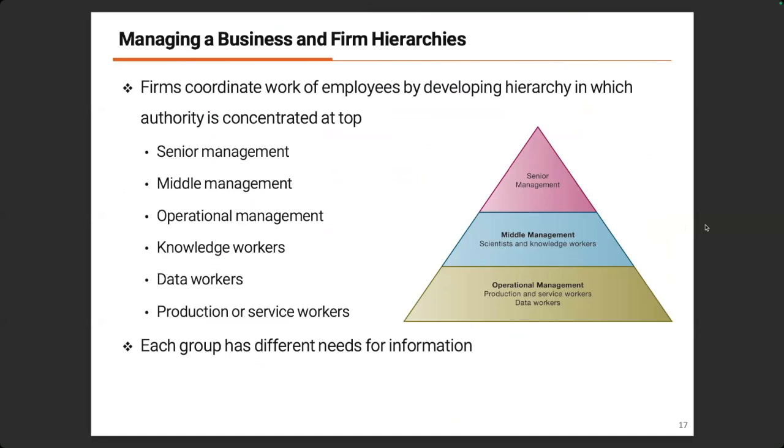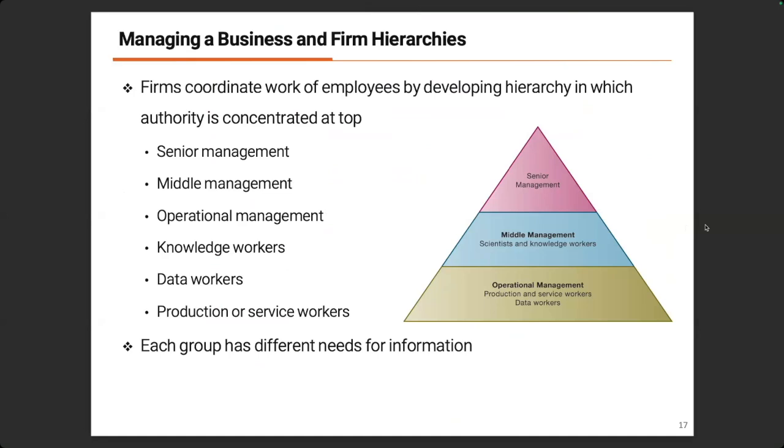So they need more specific information about the results of specific functional areas or departments, such as sales contacts by the sales force, production statistics for specific factories, or employment levels and costs. This more specific information is required to conduct plans or programs by the middle management.